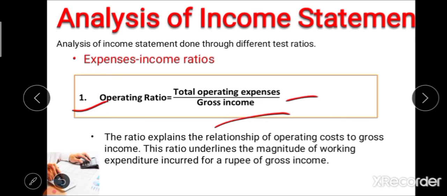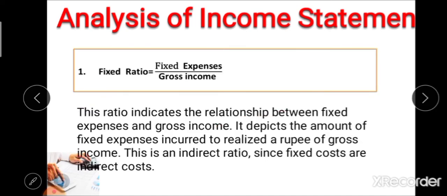After the operating ratio, the next ratio is the fixed ratio. Fixed ratio is equal to fixed expenses divided by gross income.